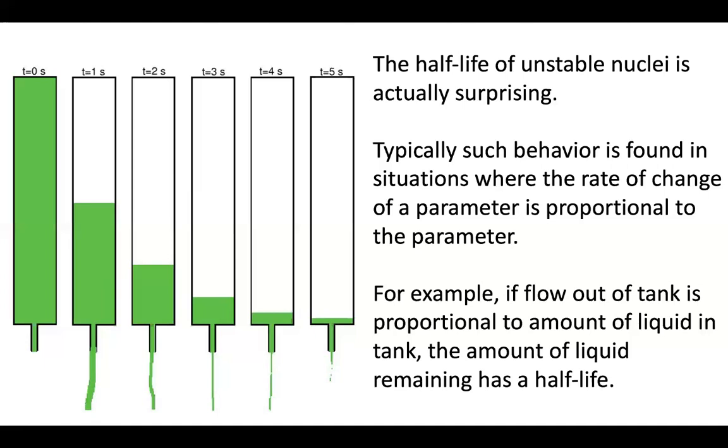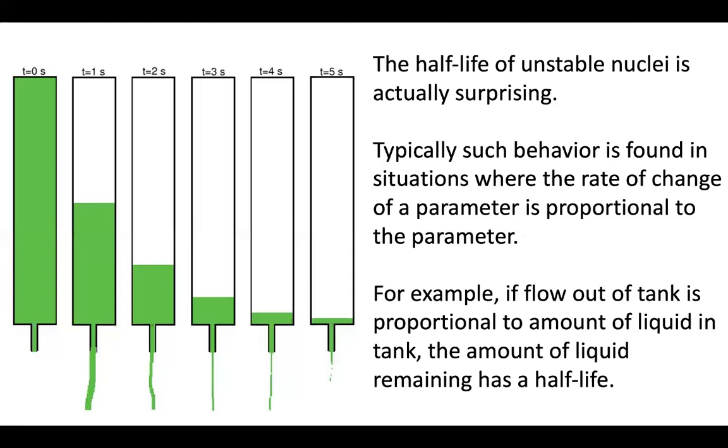And in this case, you can understand why. The rate at which water is coming out depends on how much water is in the tank. When there's lots of water in the tank, the flow is high. When there's little water in the tank, the flow is low. That naturally creates this sort of trend. It's what's called an exponential.